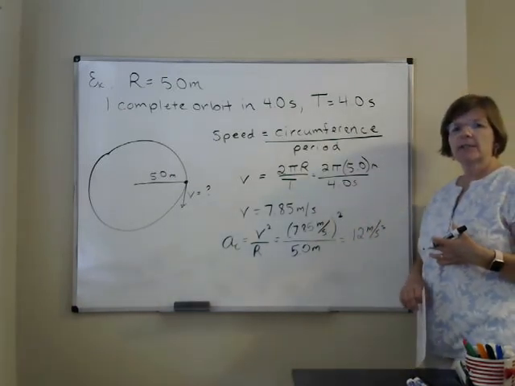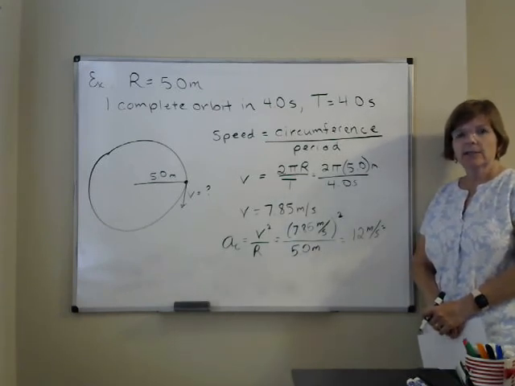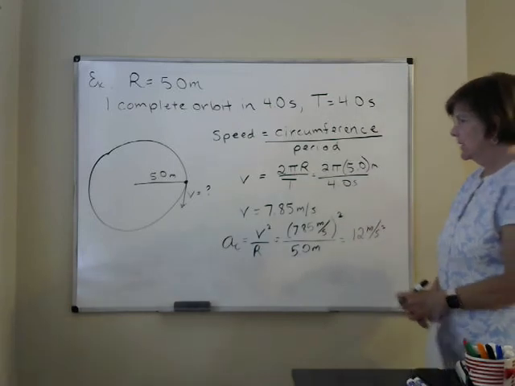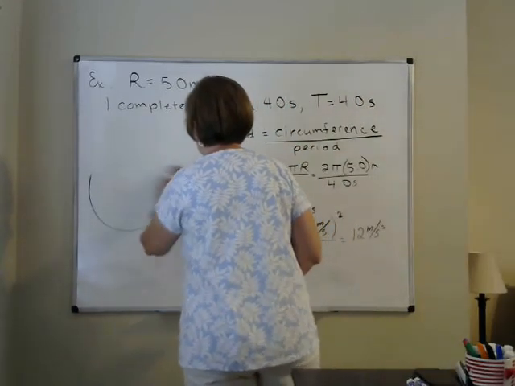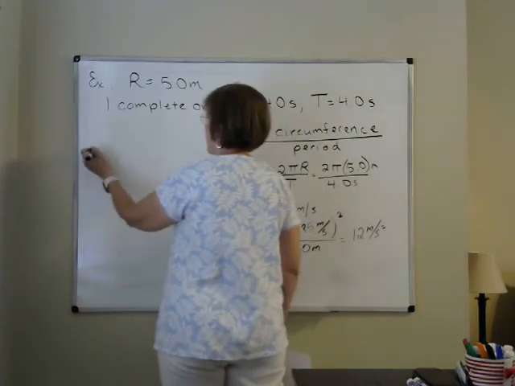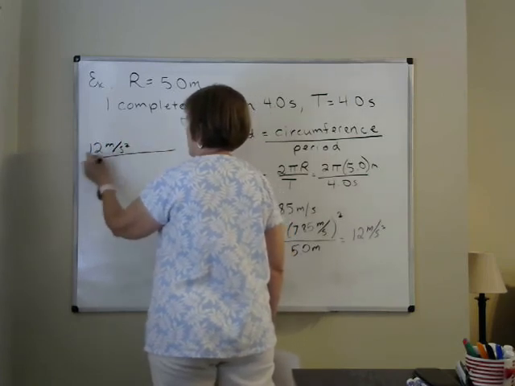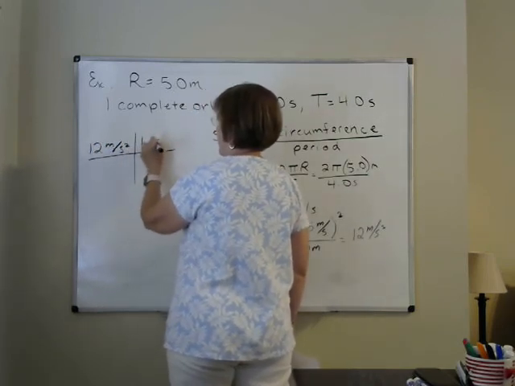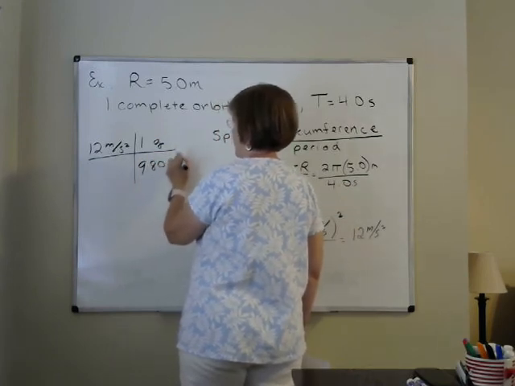Occasionally, they'll ask you to express an acceleration in terms of the number of g's. It's really easy to do. If I want to know how many g's that is, that's 12 meters per second squared. I know 1 g is 9.80 meters per second squared.